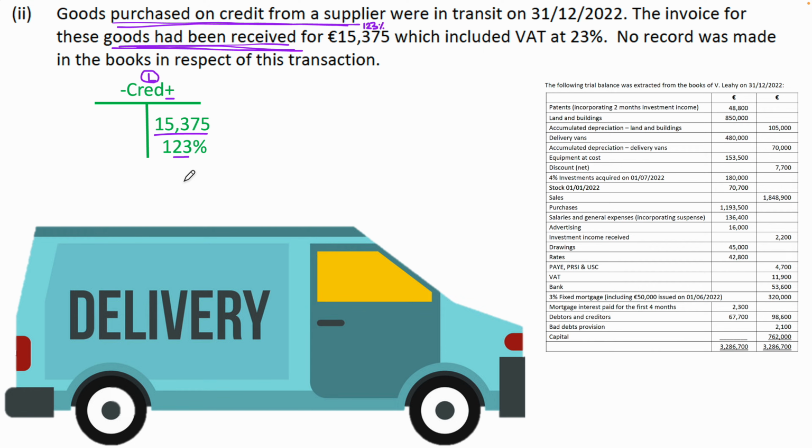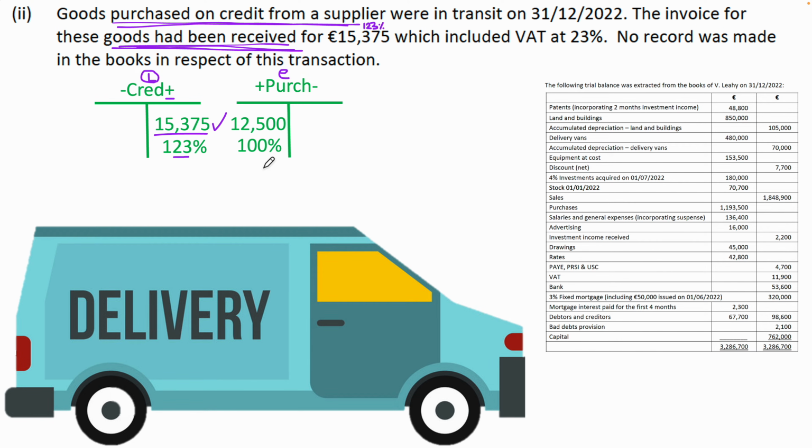So for the creditor, we are giving them 123%. The expense, purchases, is only going to increase by the 100%. Okay, so for us to find out the 100%, we simply divide the 15,375 by 123 and then multiply it by 100 to get our 12,500.